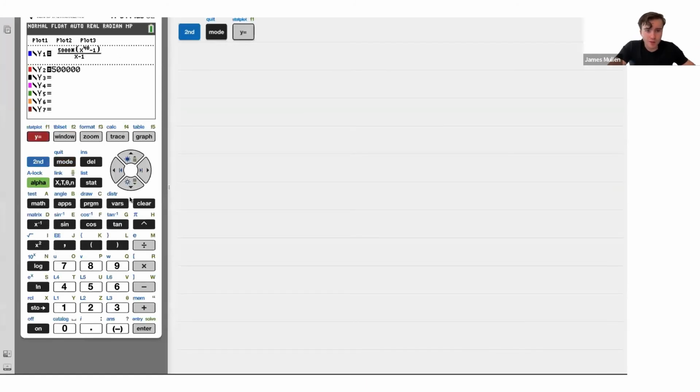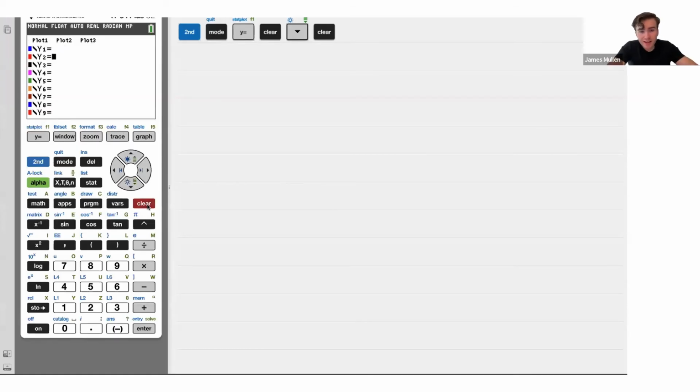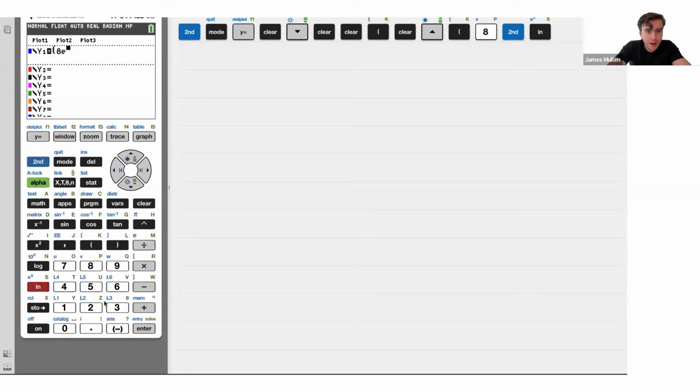So let me just remember the function that I had, and I will clear all of this stuff out. I had x e to the 6x, all to the power of 8x cubed. Double checking, yeah, x, not 8. x times (e to the 6x) to the power of 8x cubed.